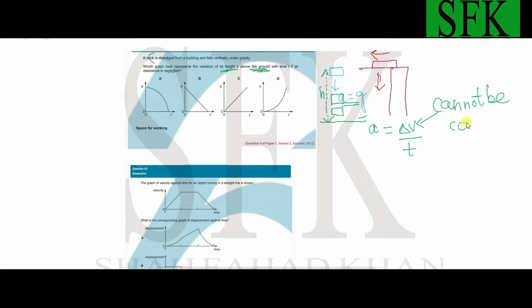Velocity has to change due to this acceleration, due to gravity. In displacement-time graphs, the gradient represents the velocity. In option B, the gradient is constant, which cannot be the answer because the velocity has to change due to the acceleration due to gravity. Therefore, the only answer we are left with is A.